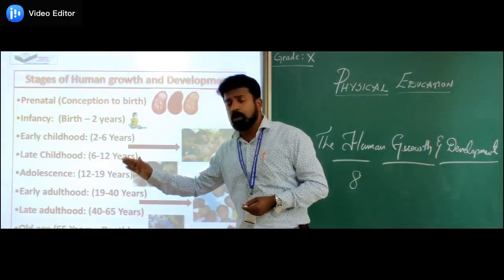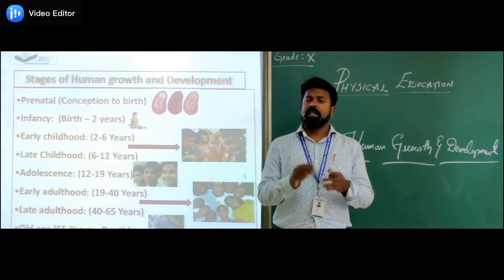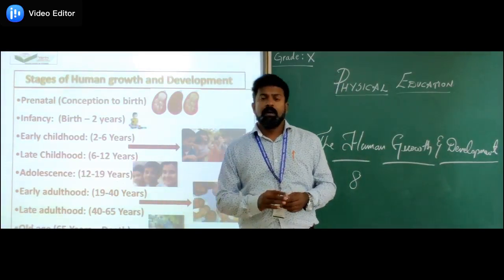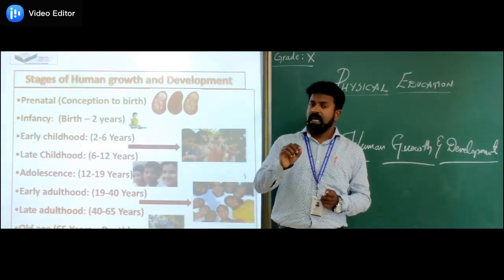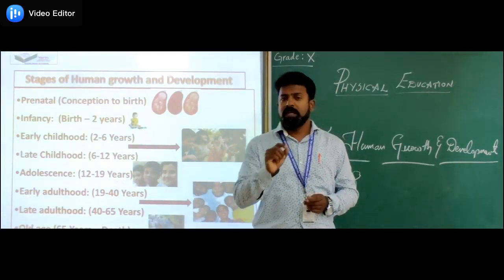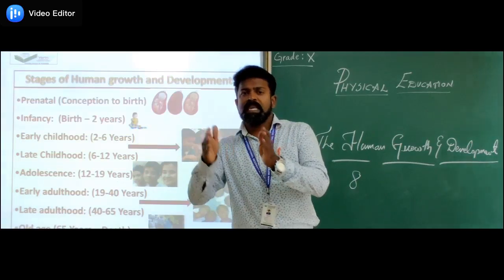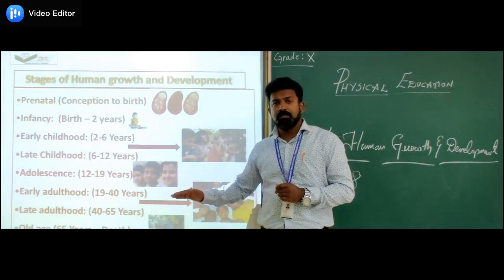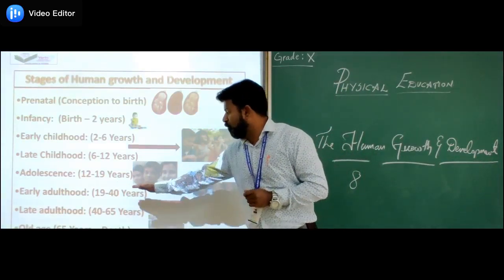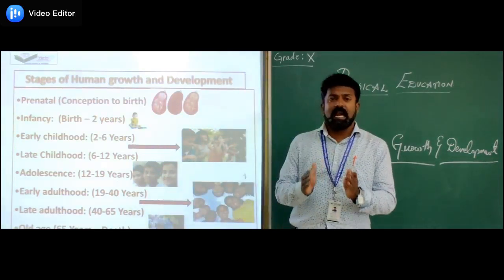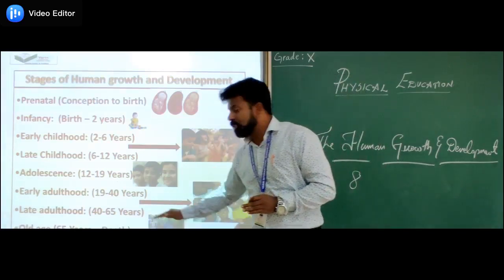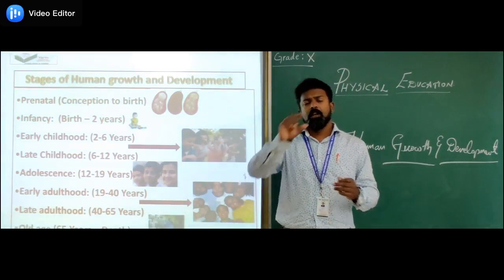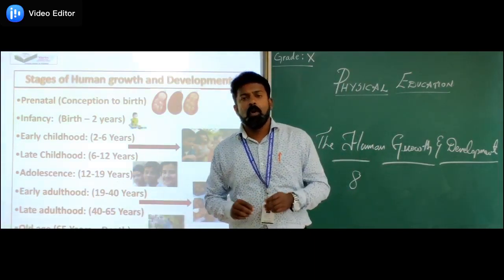Then comes adulthood, again divided into two, early adulthood and later adulthood. When I say early adulthood, you have to make sure that you know the age of that stage. Early adulthood falls between 19 to 40 years, and later adulthood falls between 40 to 65 years. And 65 and above, in common, we say is old age.